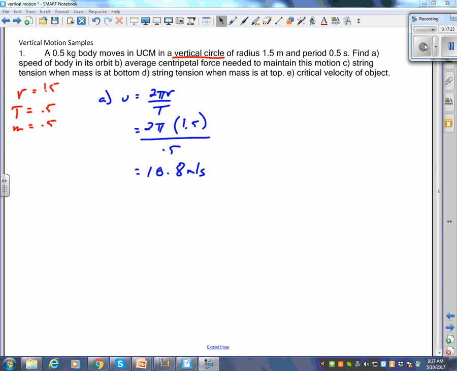And I guess we really should put a bar over that to indicate that it's an average.